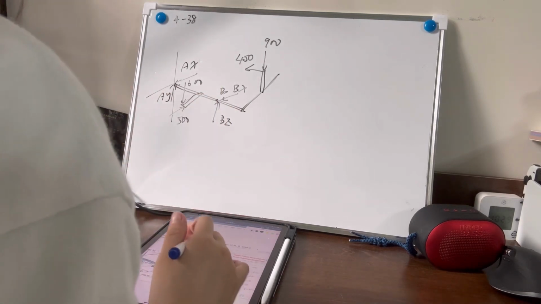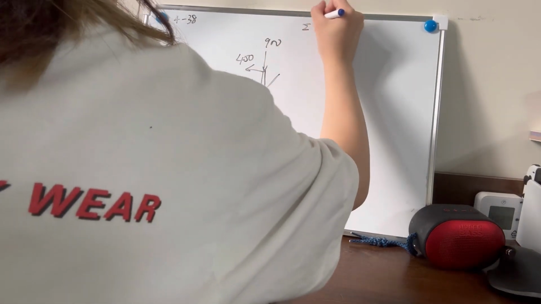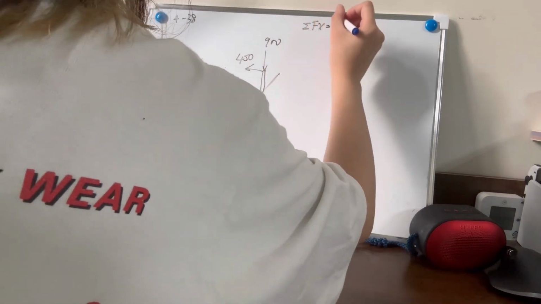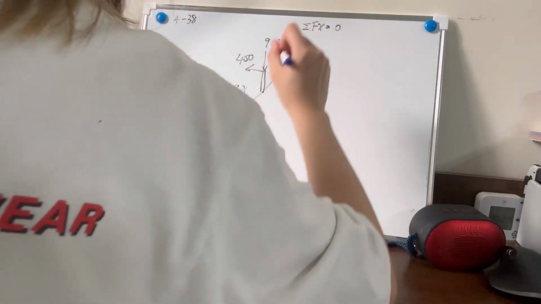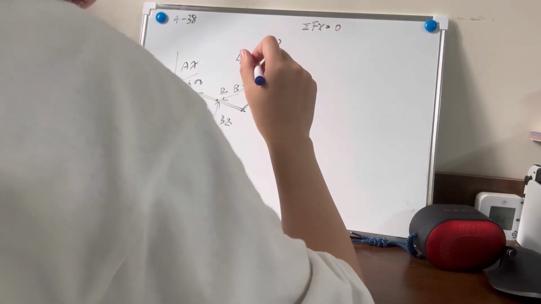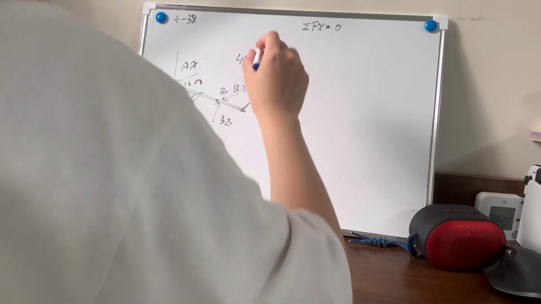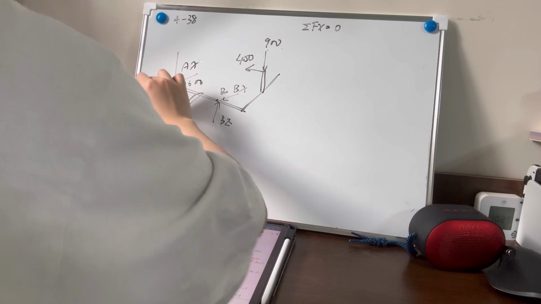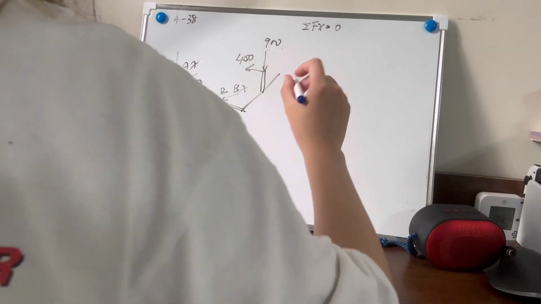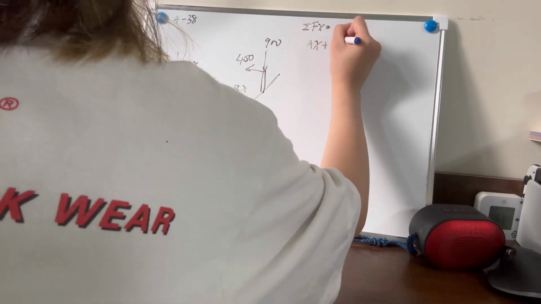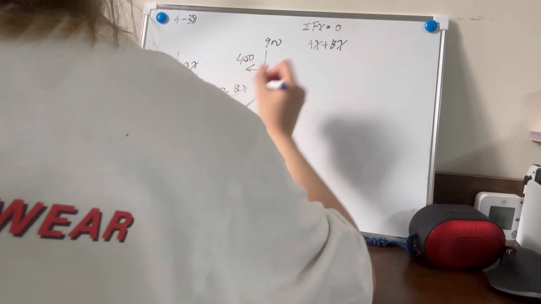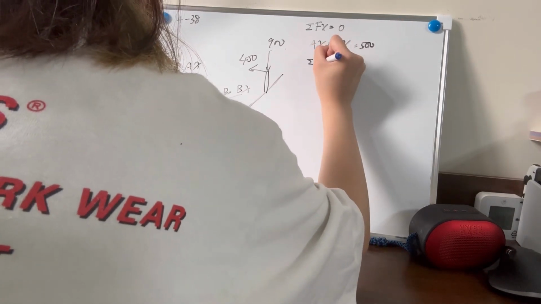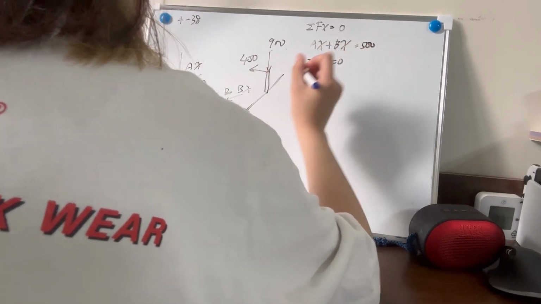So we know it's a 3-dimension question, and summation Fx equals 0 because it is equilibrium. So every force at the x-axis is this one, x way has Ax and Bx, and also this 500, and summation Fy equals 0, and we have Cy.